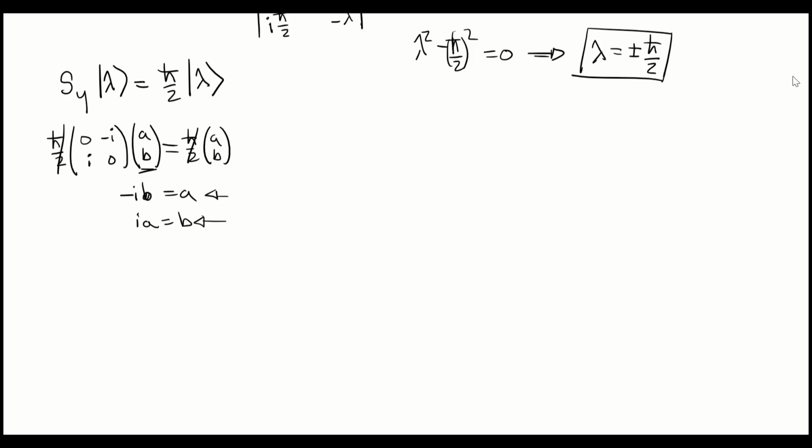The way we go about that is we recall that all of these vectors are normalized. That means if I take the inner product of that eigenvector, I must get 1. So in the matrix representation, we have simply the transposed complex conjugate of our column vector times our column vector. This has to equal 1.